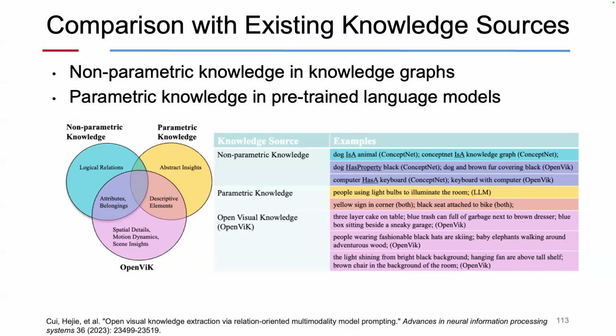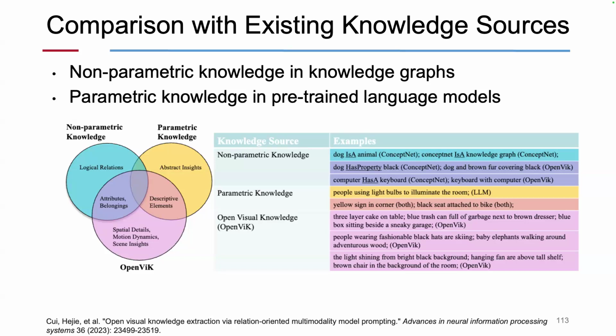So we compared with different kinds of knowledge graphs, the knowledge we extracted from the image versus knowledge inside this kind of non-parametric or parametric knowledge graph. Basically, to show that compared with a non-parametric knowledge graph, the things we generated are much more freestyle and human friendly.